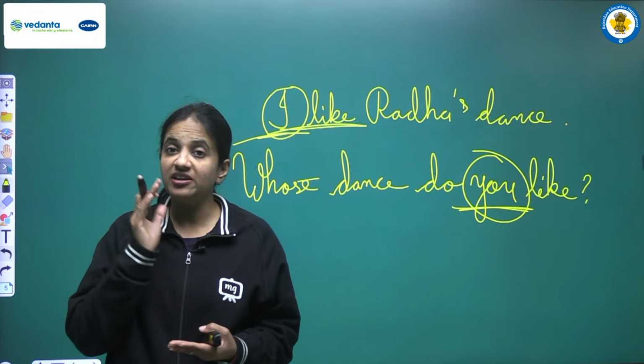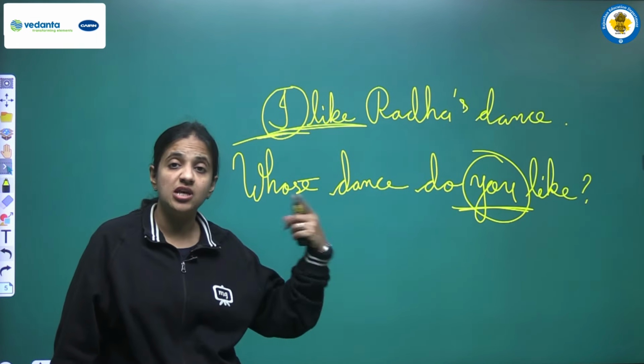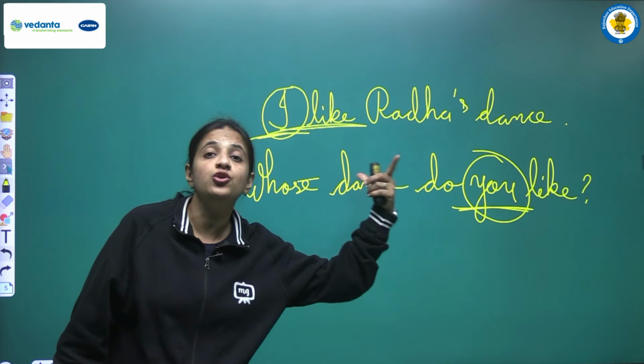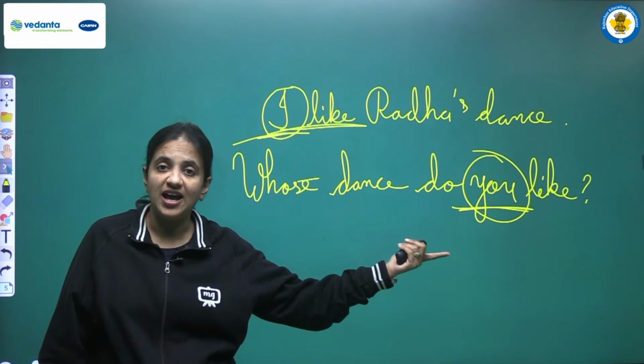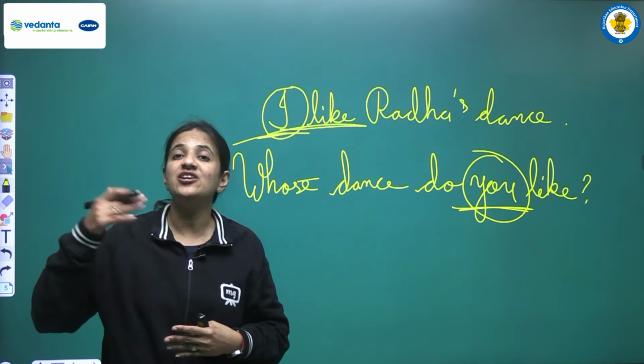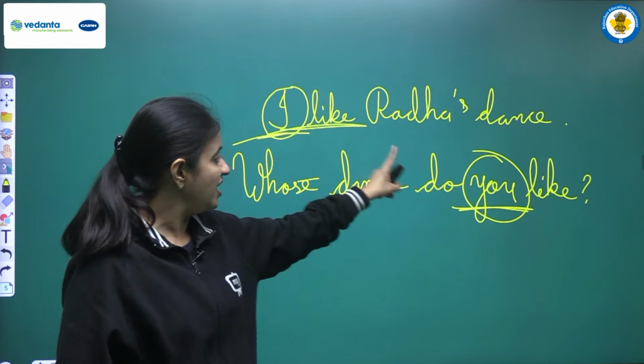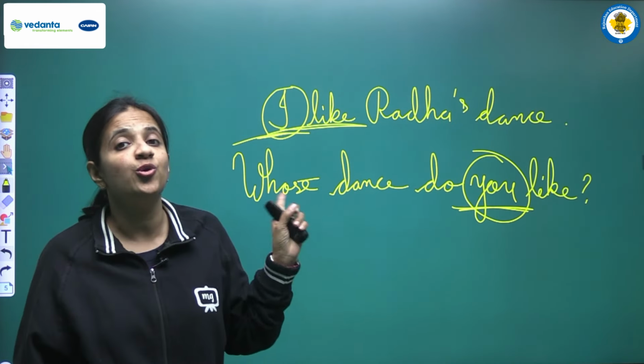And why? I hope the reason is clear to you all, because when we are asking this question to someone, whose dance do you like, then that person will answer and he will say I like. Obviously he won't say you like, right? He will say I like.